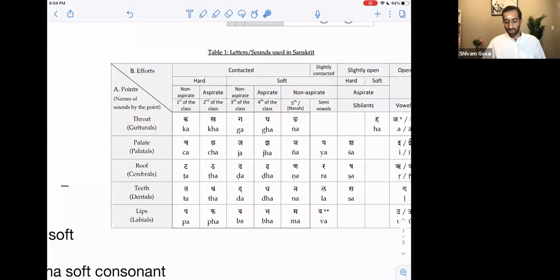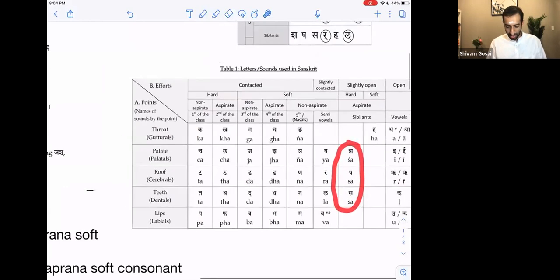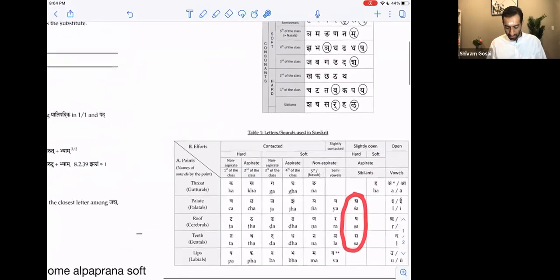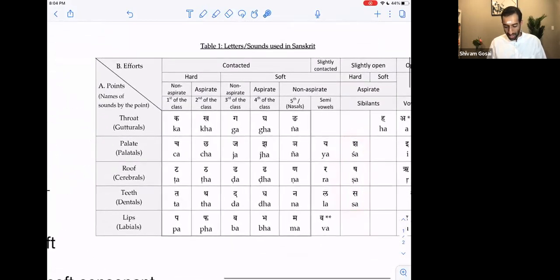Yes, sibilants will change also. It just doesn't happen as much, so that's why I didn't point it out. But the sibilants will change as well because they are hard, and they'll go to the third. And this hakara will also become gakara.